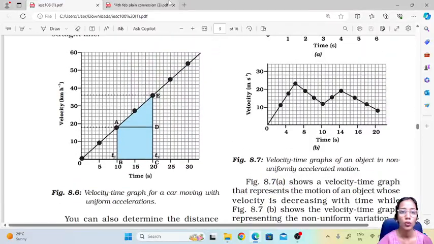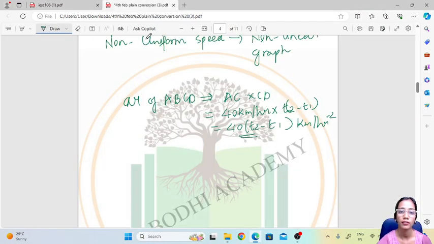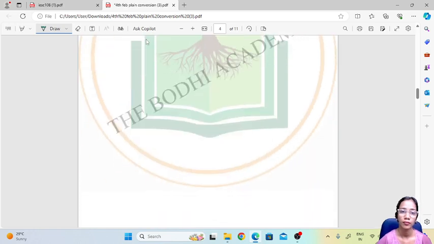First of all find the area of triangle AED, which is half into base into height. So half into base is AD and height is ED.